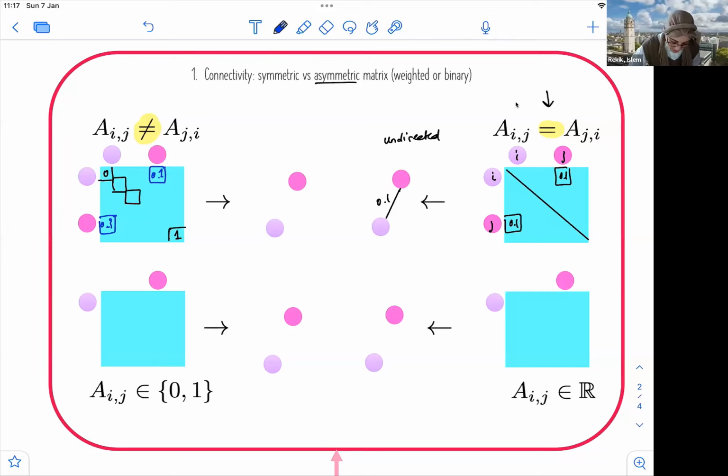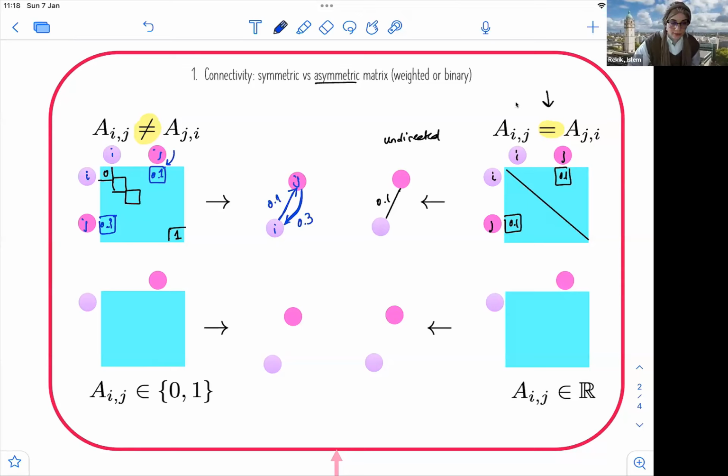And you can see that from I to J, the value here is actually 0.1. And then from J to I, the other way around, we have a thicker connection, which is of connectivity weight 0.3.